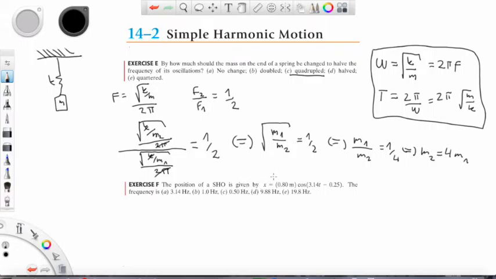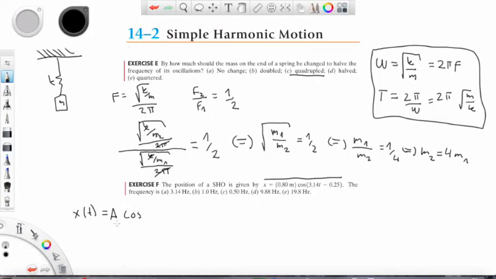In exercise F, we are supposed to find the frequency of the motion that is being described by this expression for displacement x. To solve that, let's write out the general form of simple harmonic motion, the other important result from the previous slide.